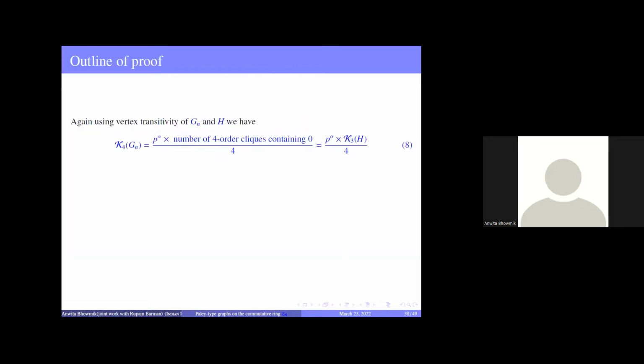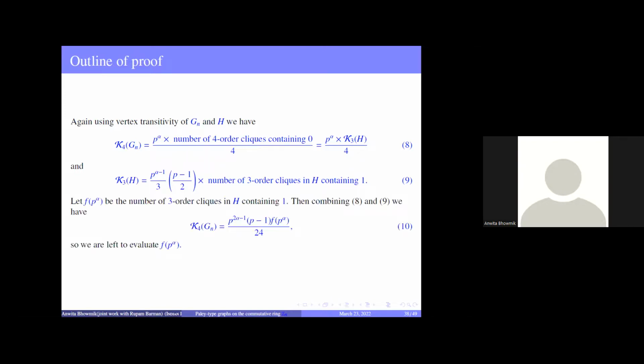So to prove this, again we use the vertex transitivity of the graphs Gn and H. So here we are reduced to finding the number of triangles in H containing 1. Now let f of p to the power alpha be the number of triangles in H containing 1. So we have to evaluate this f of p to the power alpha.